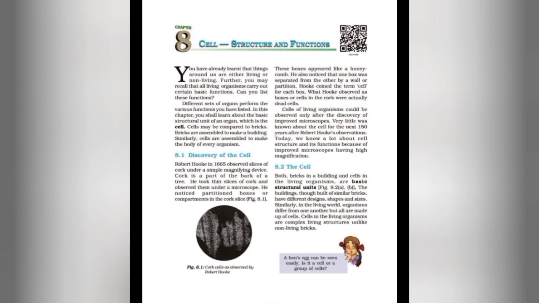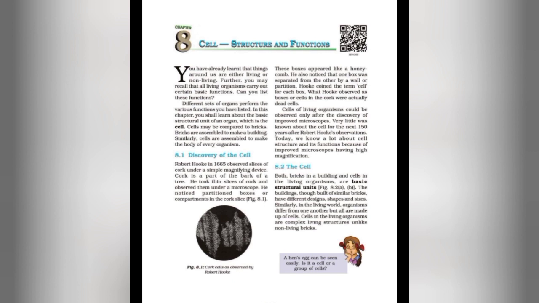As you can observe in figure 8.1, the cork cells resemble a honeycomb. So Robert Hooke coined the term cell for each box, and in Latin it means little room. So students, the meaning of cell is a little room.